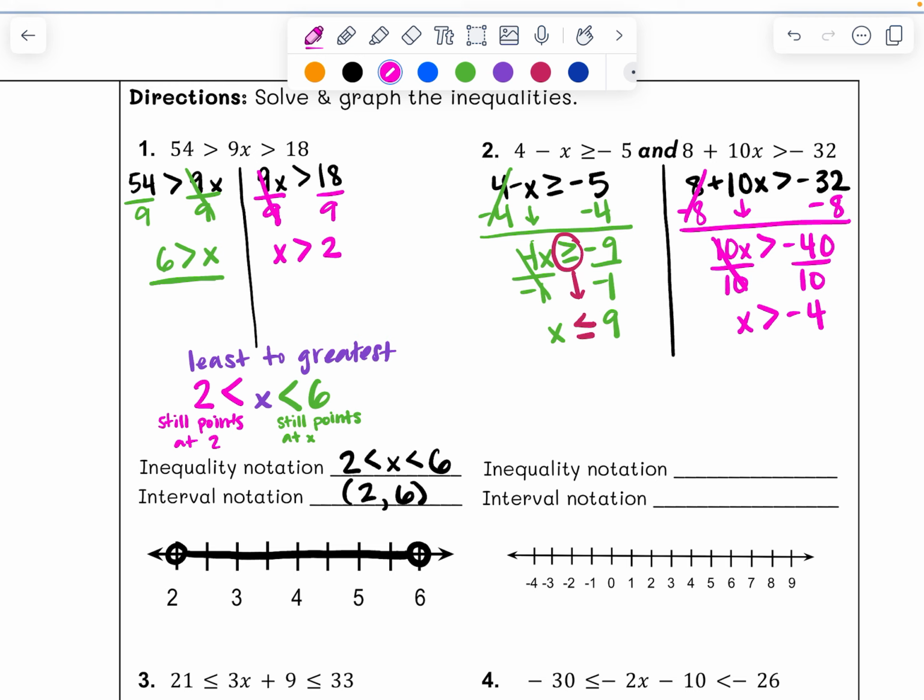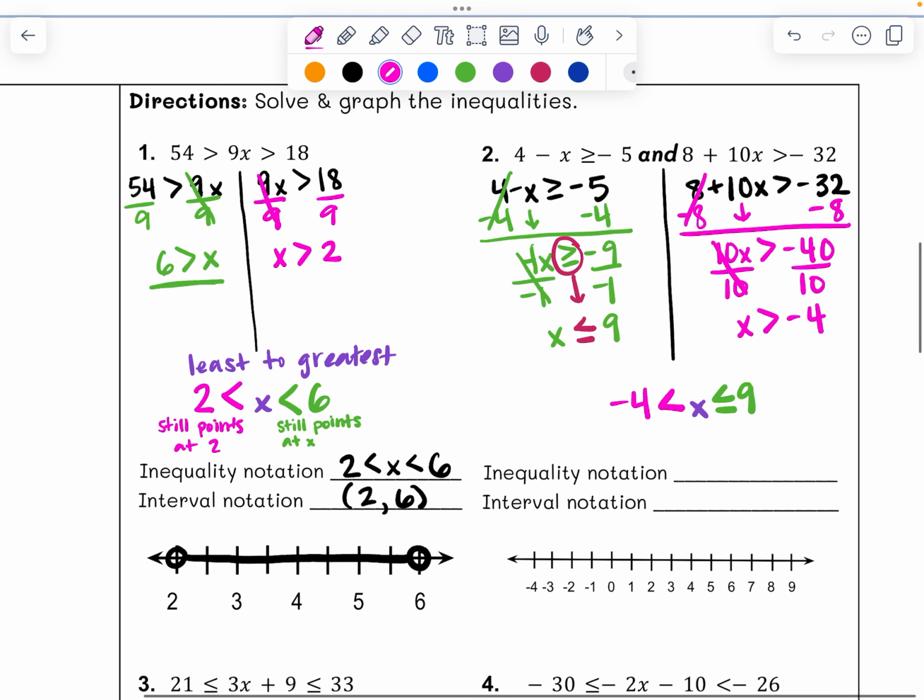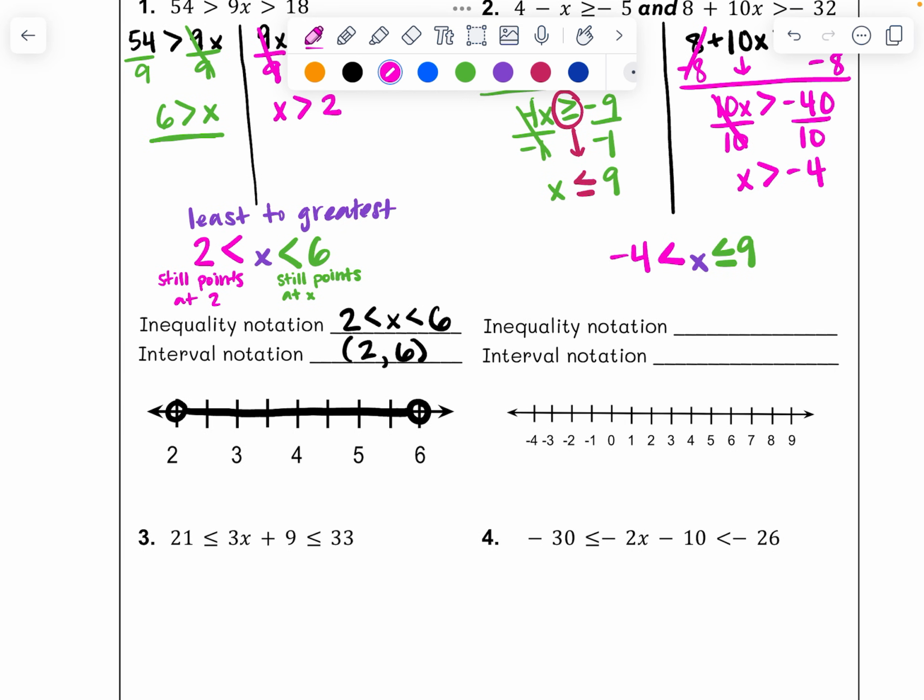So now I will rewrite these least to greatest. So -4 goes on the left, x in the middle, and positive 9 on the right. And when I write in my inequalities, I just make sure that they're still pointing at the same letter or number. So here's a hint. If you always write the numbers in order from least to greatest, you're always going to have less than or equal to symbols.